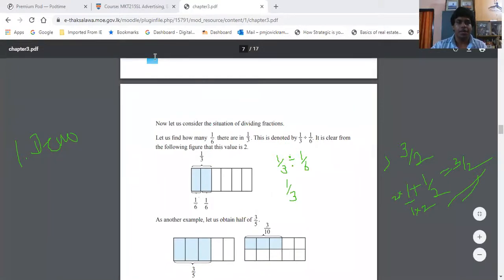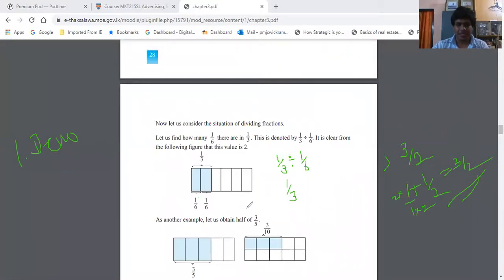Here the explanation is a bit different, that's why I was checking. This should be multiplied by 6. It should give you actually 2.